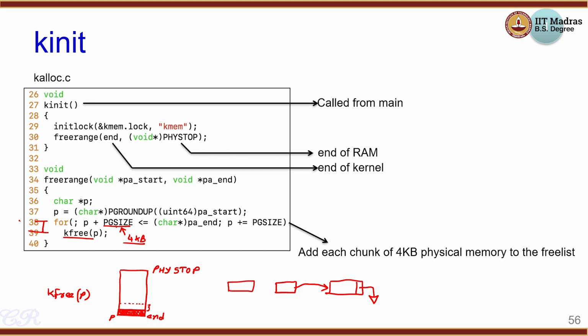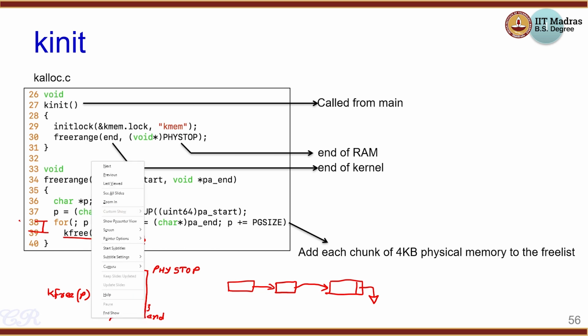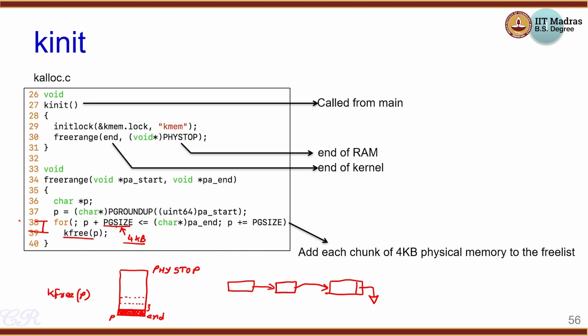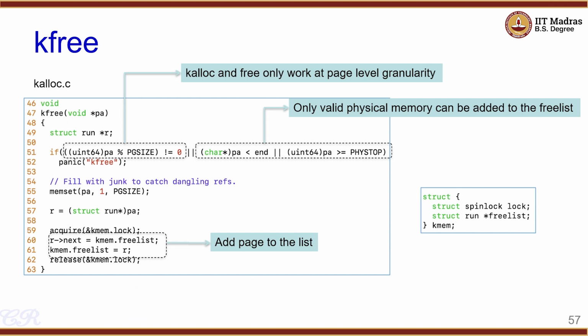And in this way, every 4 KB chunk from the end of the kernel memory to PHYSTOP gets inserted into the free list. So in other words, each page within my physical memory which is free to be utilized by the kernel gets added on to the free list.